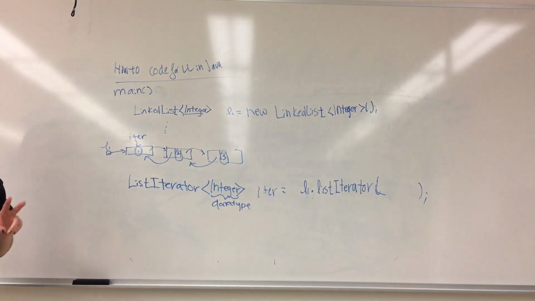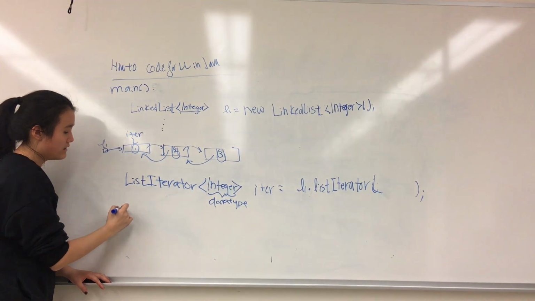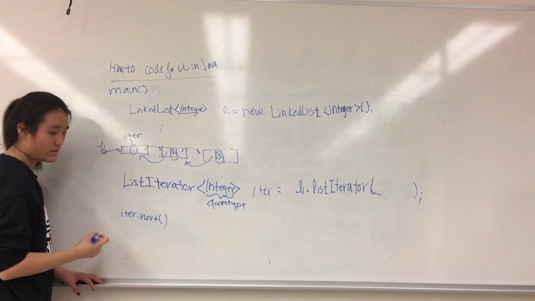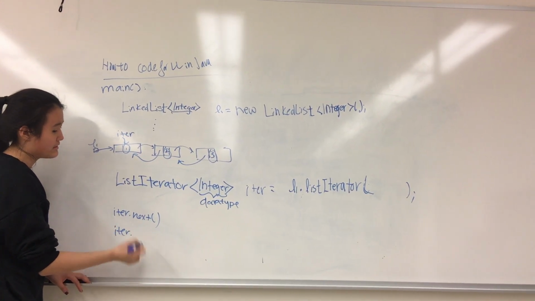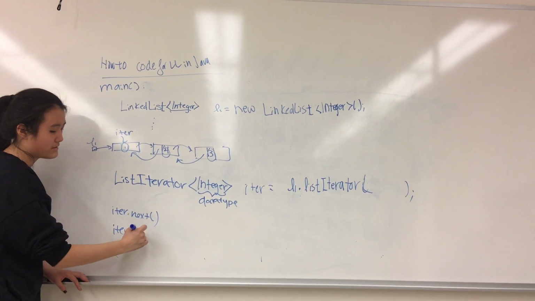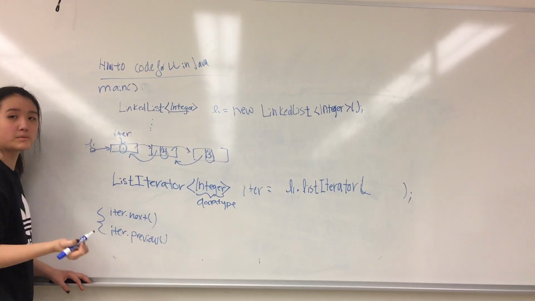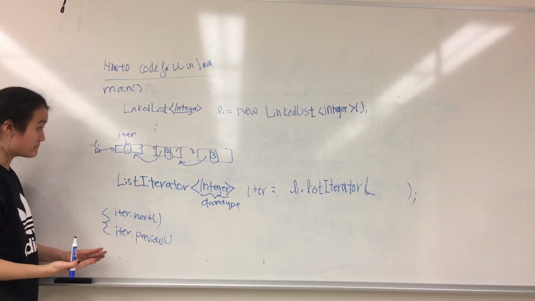The top two methods that you'll probably be using the most are iter.next, I think this is a method, check the JavaDoc, and iter.previous. These are the most commonly used methods within the list iterator.